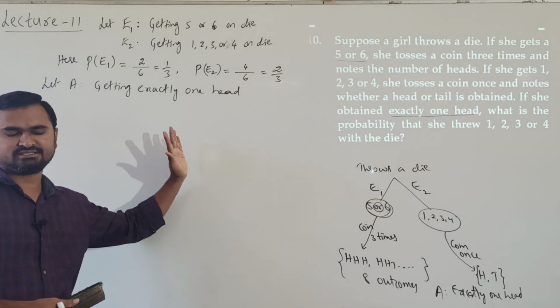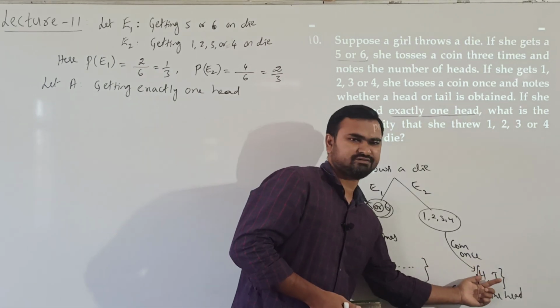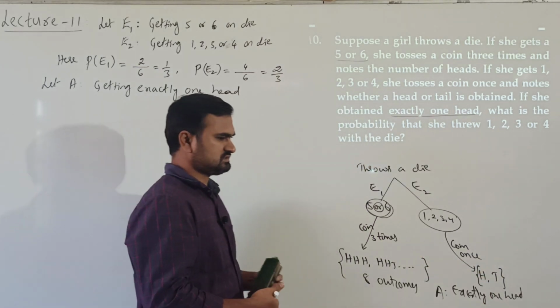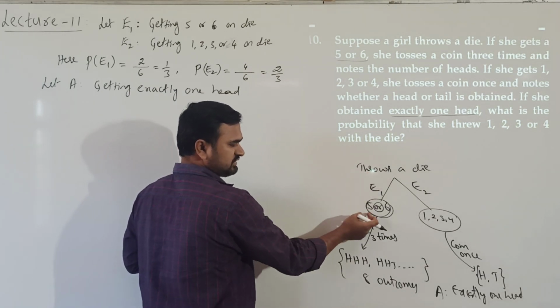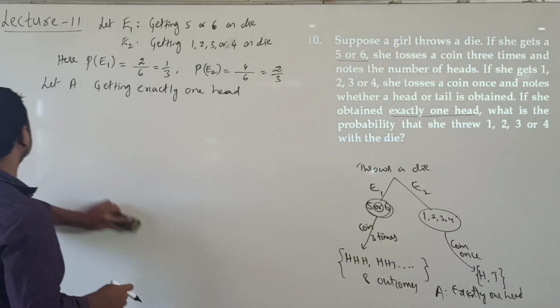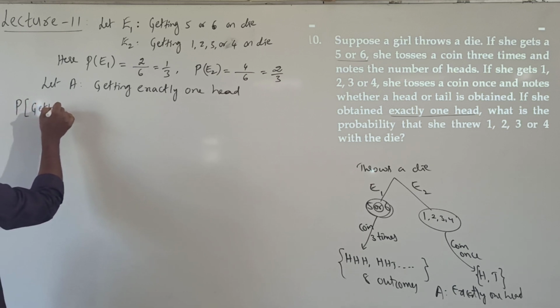We can get this exactly one head either in this case or in this case. So what is the probability of getting exactly one head if the die is showing 5 or 6? Here we write the probability of getting exactly one head.